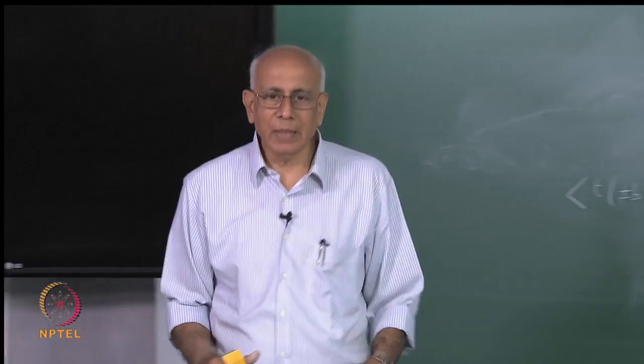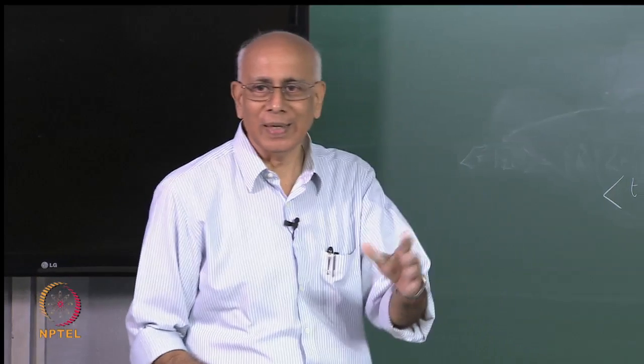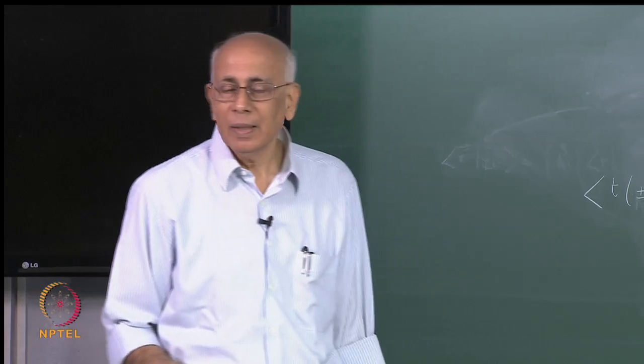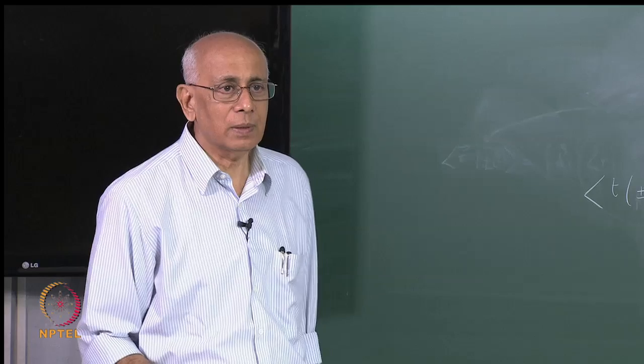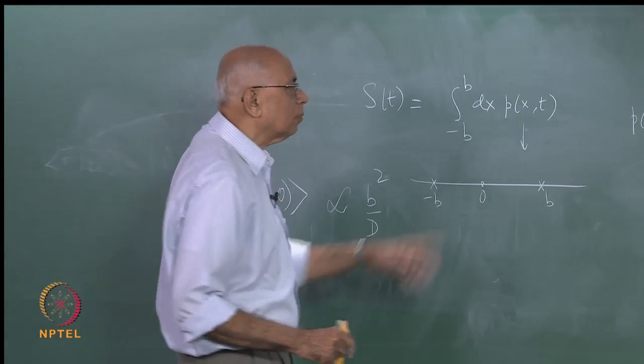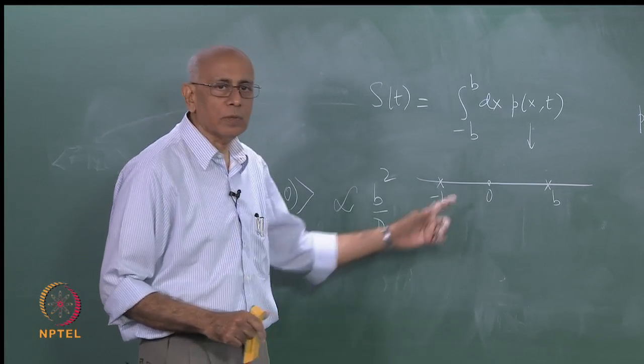So even before I begin the problem, I know this is what I am going to get at the end. What constant of proportionality there is remains to be seen, but this is the only possibility, nothing else. And we will see how this is borne out by a very simple trick. We will use a little trick to solve this problem.